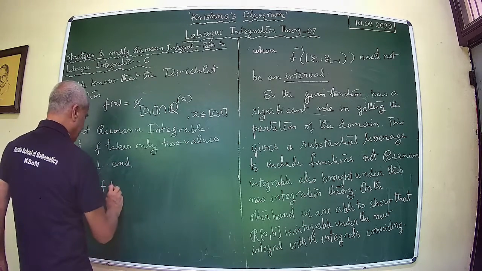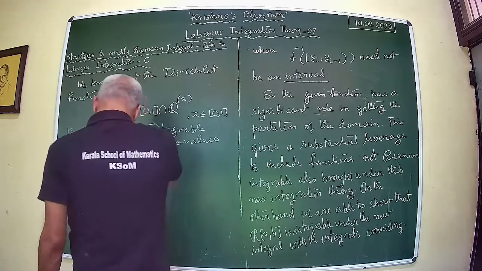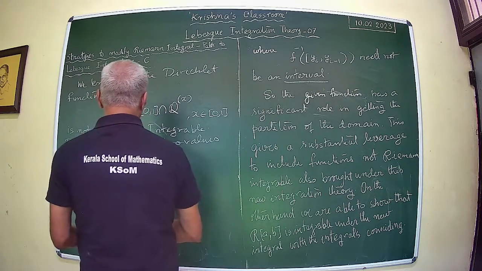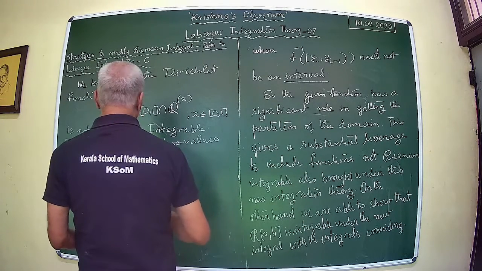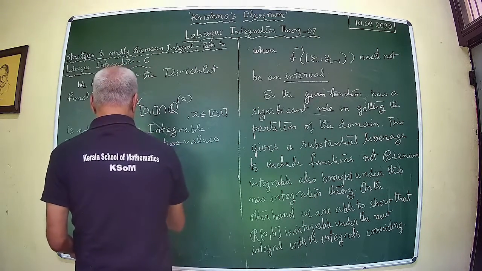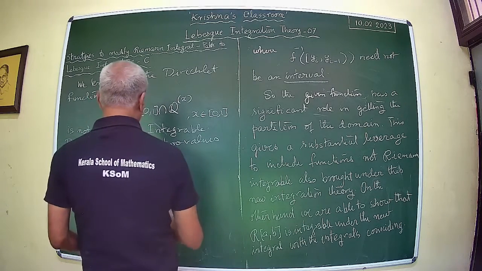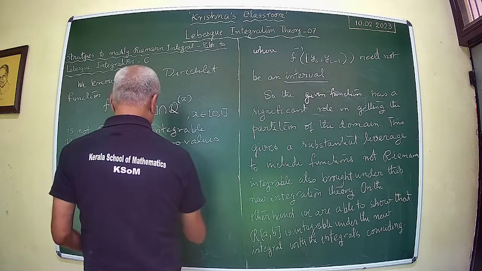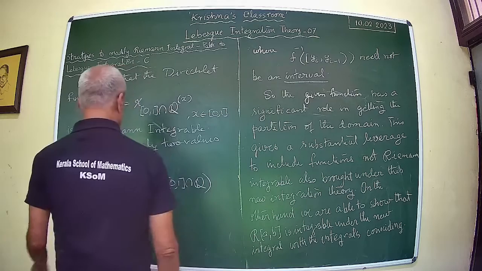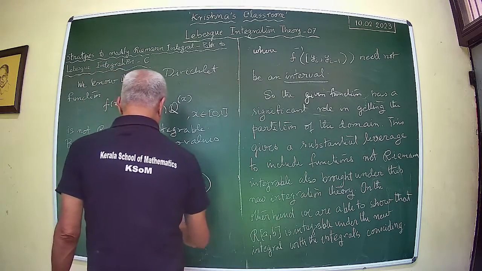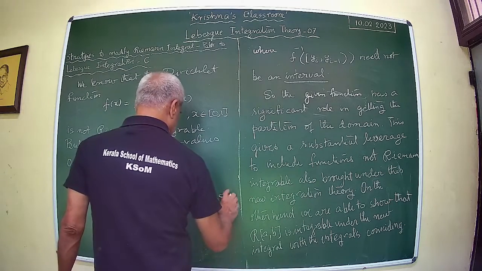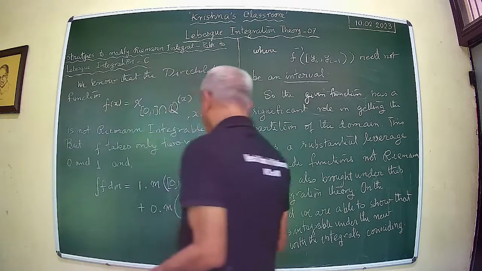And the integral of f dm is equal to 1 times the measure of the set of rationals in [0,1], plus 0 times the measure of the set of all irrationals.